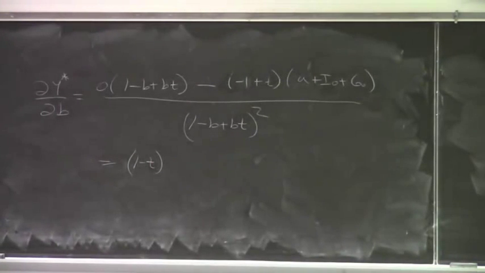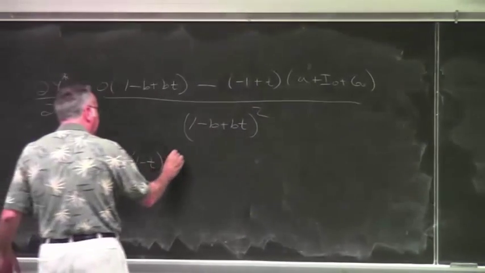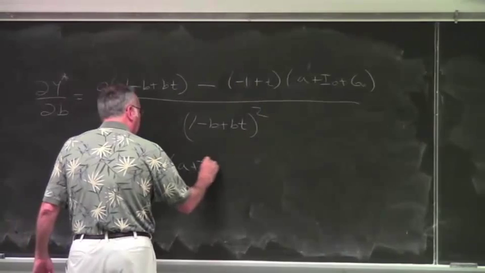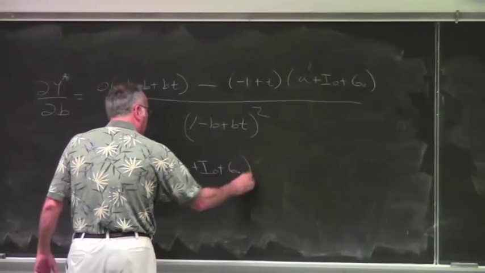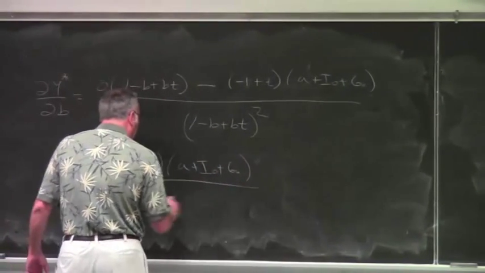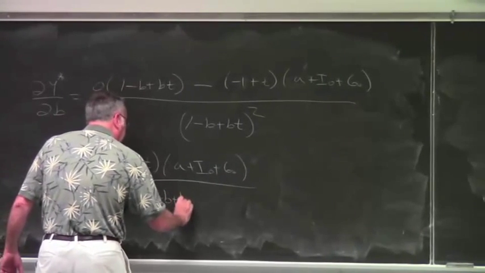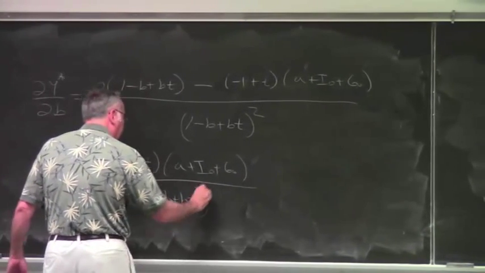That's very good. 1 minus t times a plus I plus g over 1 minus b plus bt squared.